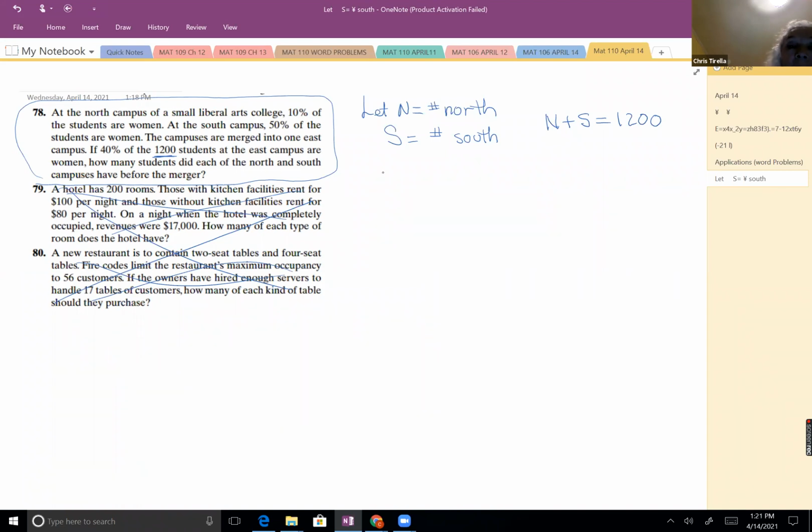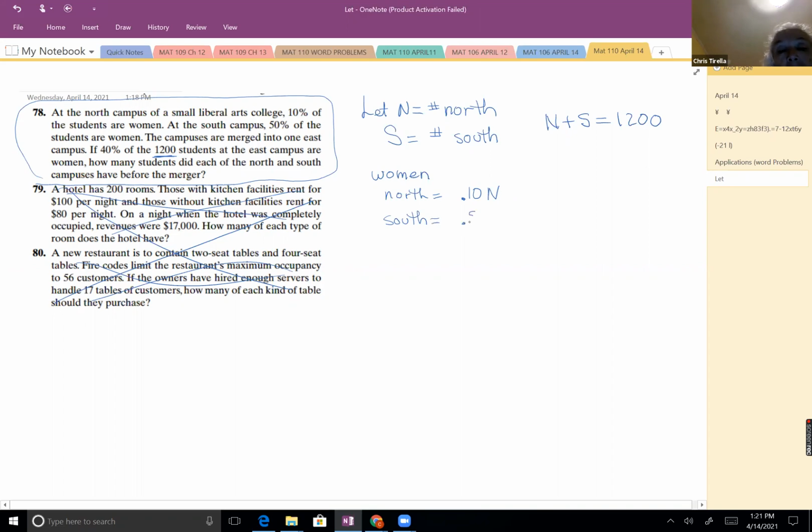Then they tell us about the number of women. Women at the North, 10% are women. So at the North, it would be 0.10 times n. What do we know about the South Campus? 50% are women.